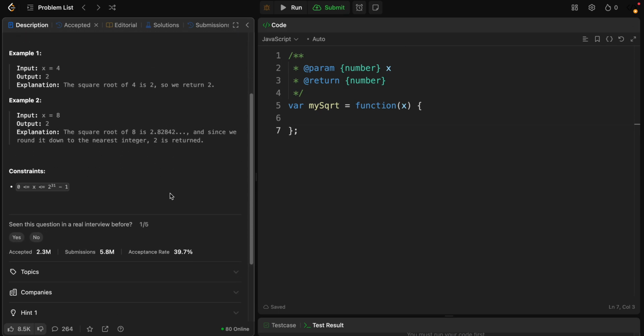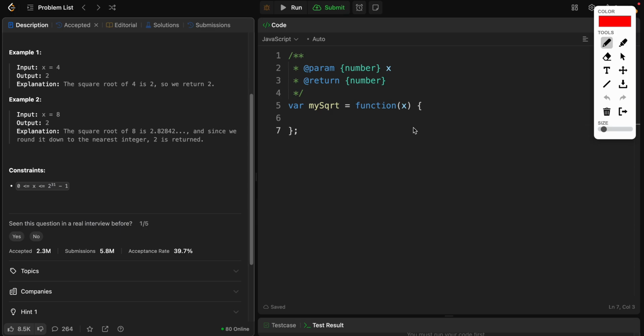So one of the things we can solve this problem with is a binary search algorithm. We can use two pointers, left and right, with left starting at 1 and right starting at x, and we calculate the middle number. For example, let me type it here.